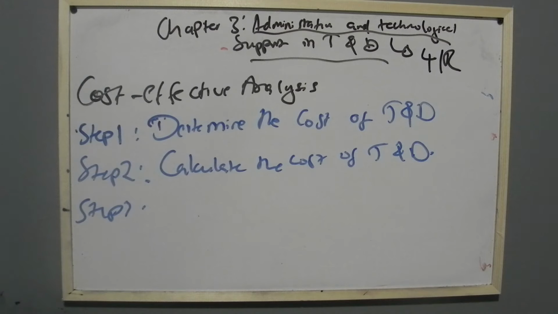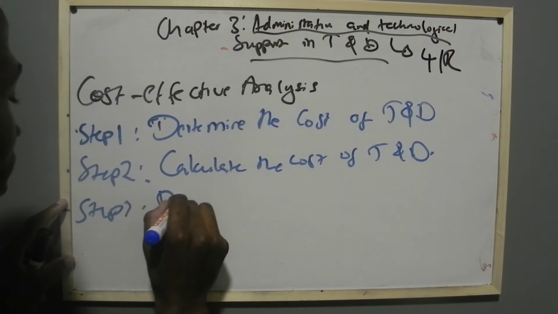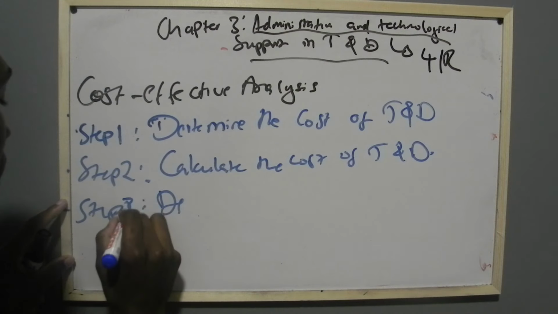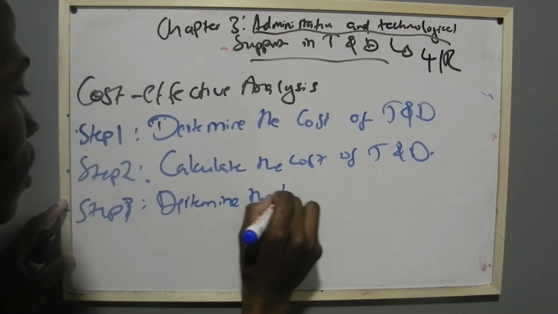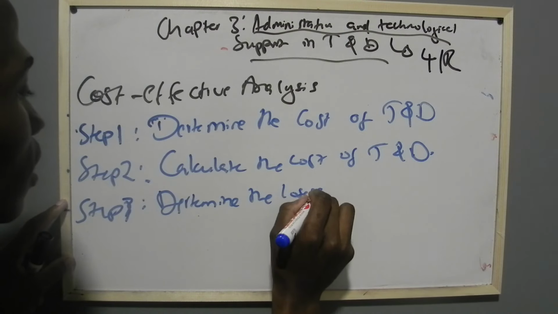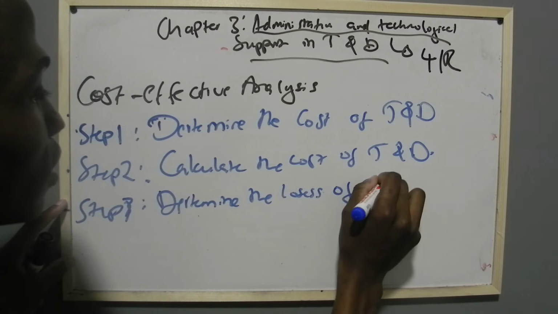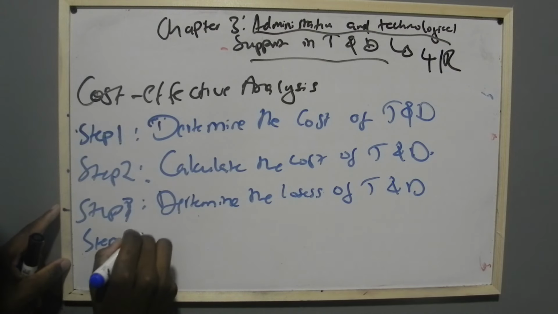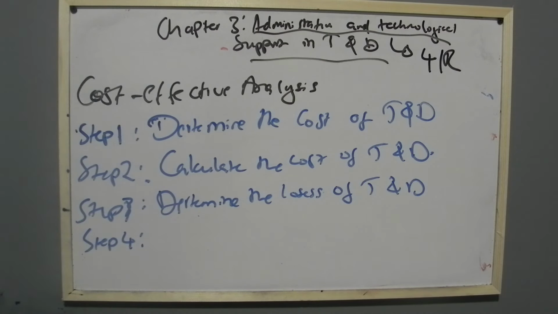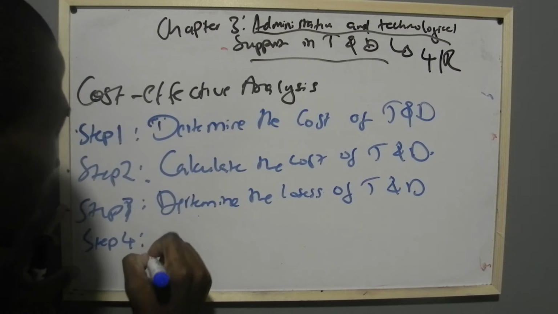Step 3 is to determine the losses of training and development. Step number 4 is to estimate the financial values of employees who have completed their training and development.